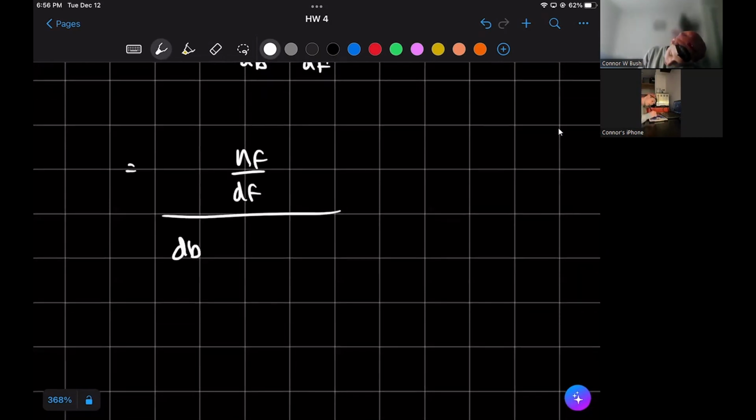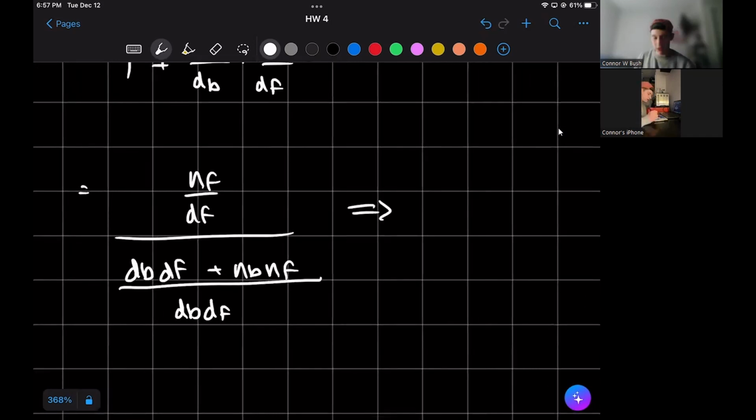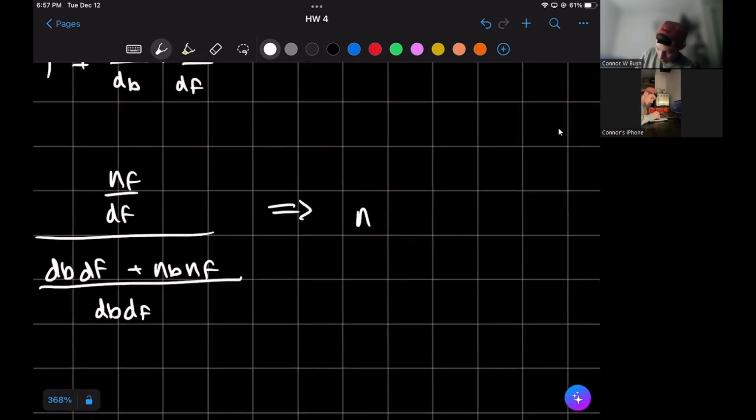So we have DB DF plus NB NF all divided by DB DF. And then if we want to get this in single fractional form, this is just NF over DF multiplied by the reciprocal, so DB DF divided by DB DF plus NB NF.